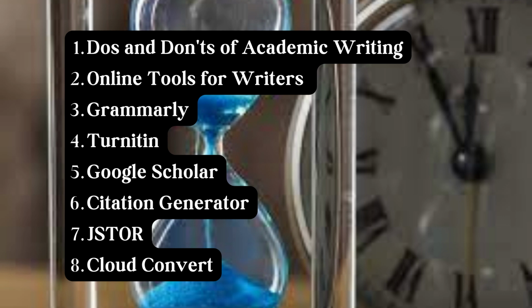Let us now look at the do's and don'ts of academic writing. What are the do's? First, paraphrase and acknowledge authors to avoid plagiarism. Number 2, boost word count by incorporating relevant ideas, providing examples, and clarifying statements.